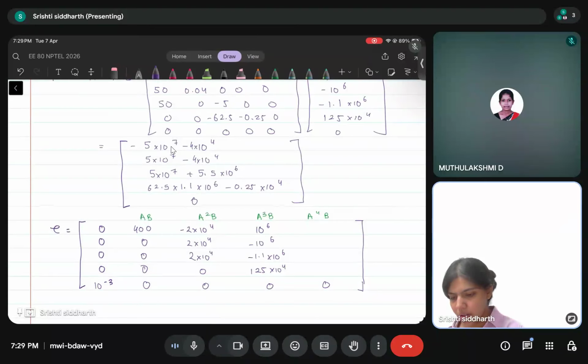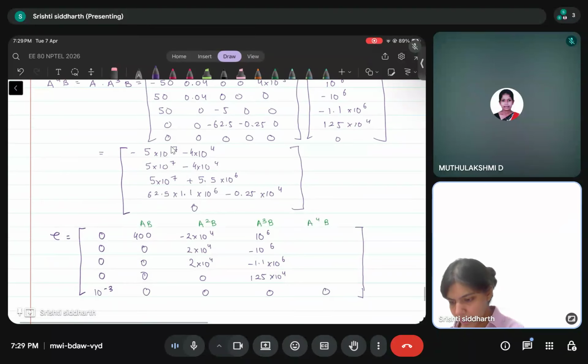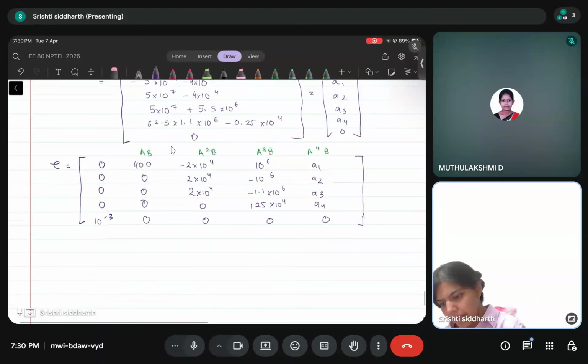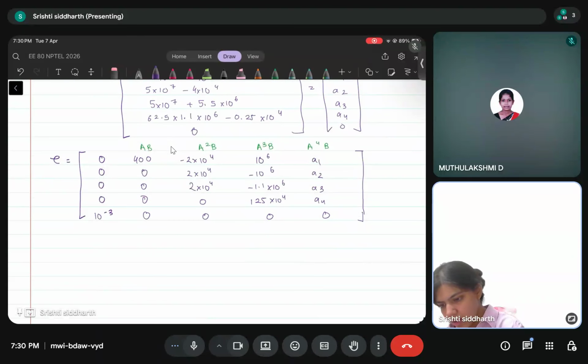We have the quantity, the elements for A to the power 4 B. So I think for the moment, let's just write them as some alphas. Let's say this is A1. So these are 5 columns and 5 rows.